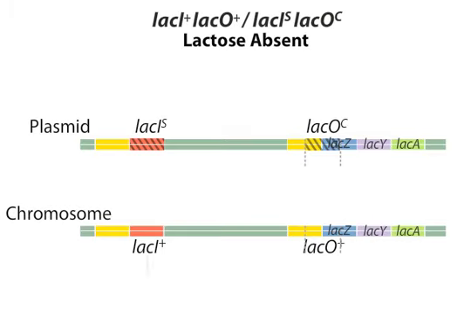What happens if we combine a Lac-I superrepressor with a Lac-Oc mutation? In this example, both normal repressors and superrepressors are made, but neither type can bind to the mutant operator.